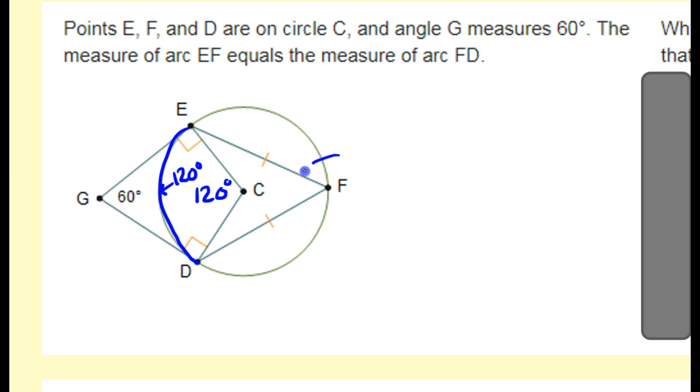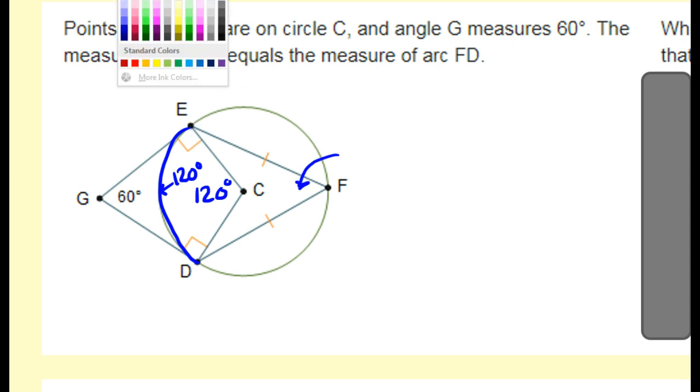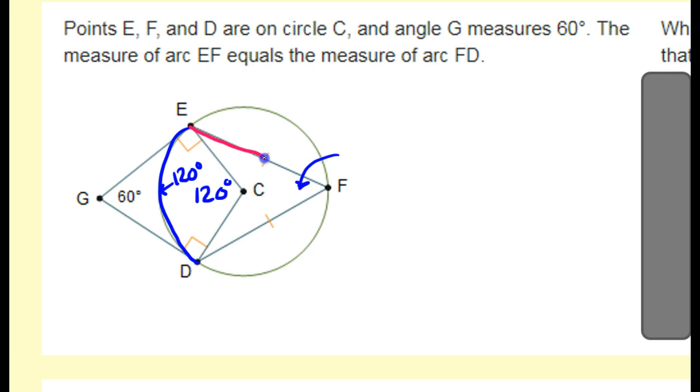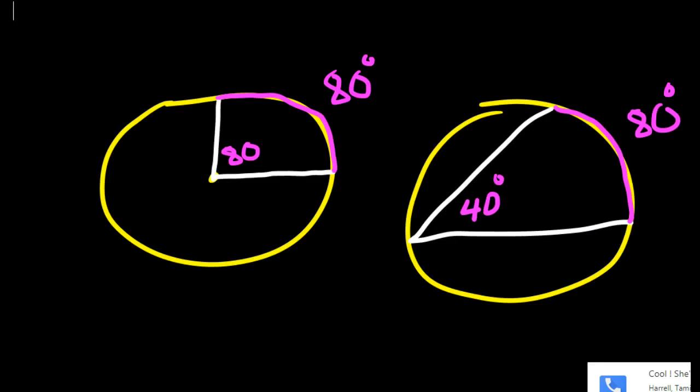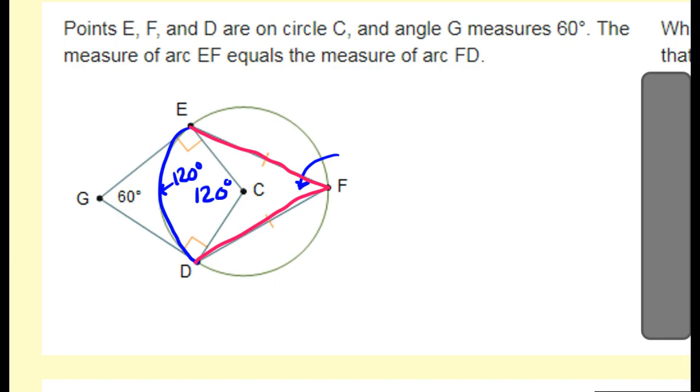Now this angle right here is an inscribed angle. So I've got the intercepted arc and I've got this inscribed angle. And like I just reminded you, an inscribed angle is going to be half the measure of the intercepted arc. So if this is 120, then this should be 60.